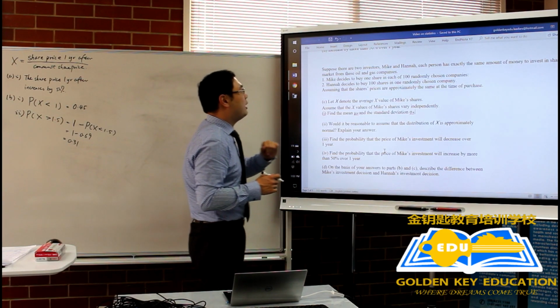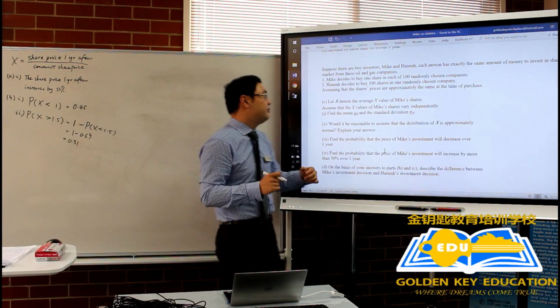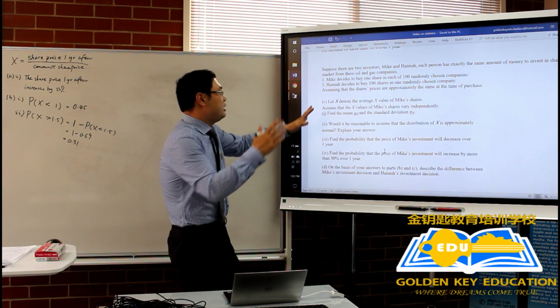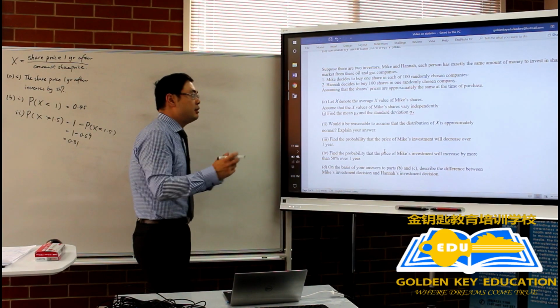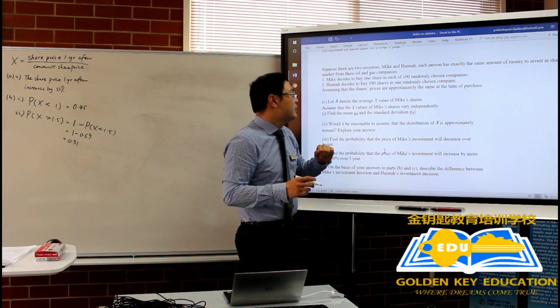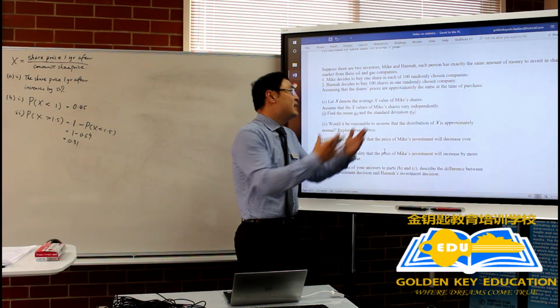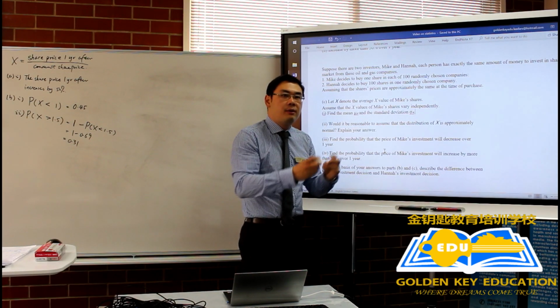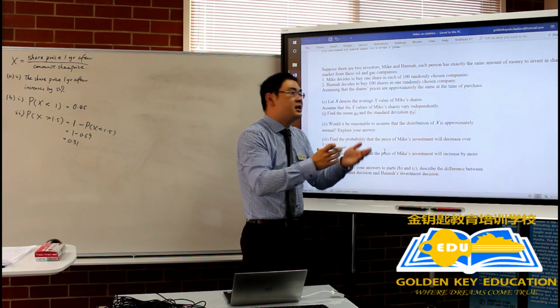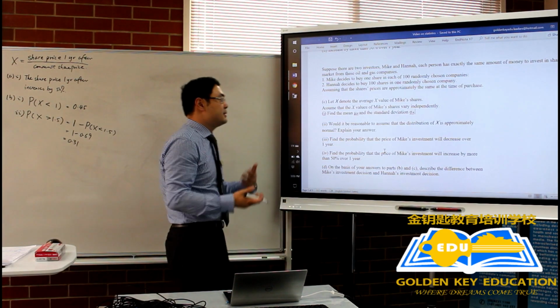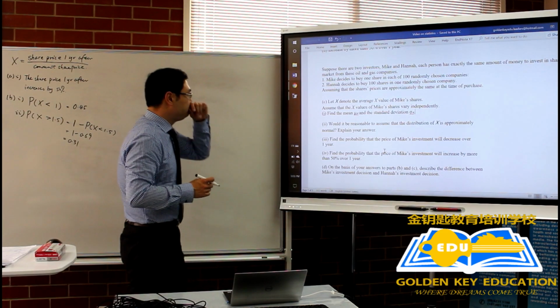Hannah decides to buy 100 shares in one randomly chosen company, assuming that the share prices are approximately the same at the time of purchase. So really, the amount of money spent on buying 100 shares from either 100 randomly chosen companies or 100 shares in one company will be exactly the same. So the total cost is the same, in other words.